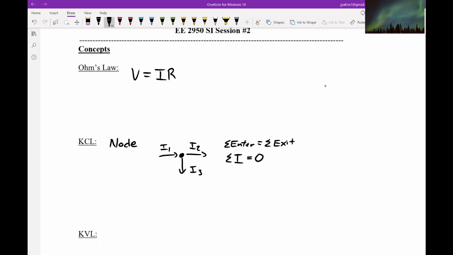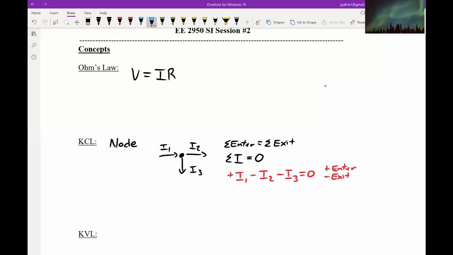So if we were to write this out, say in option 1, the first way we can write this is plus I1 minus I2 and minus I3 is equal to 0. So that's saying here, positive is entering and negative is exiting. Now, I've had people ask in the past, can you do it the opposite way?